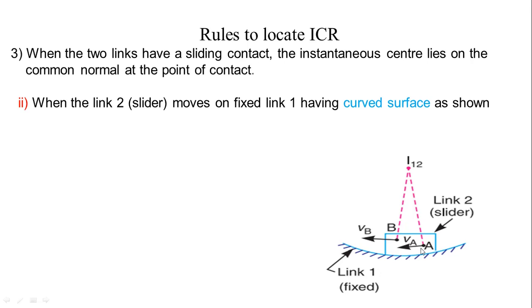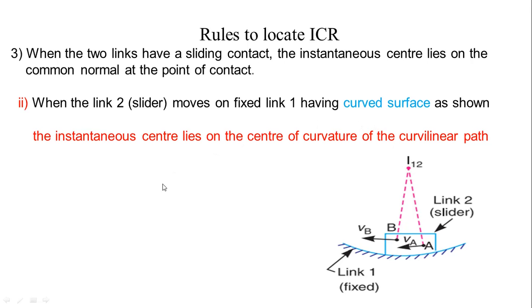In this case, once again, consider the velocity at point A moving in this direction, and the velocity at point B moving somewhat upward. If you draw vectors perpendicular to the velocities at points A and B, they are going to intersect at a point somewhere. When there is a curved surface, that intersecting point is the ICR, and it lies at the center of curvature of the curvilinear path.